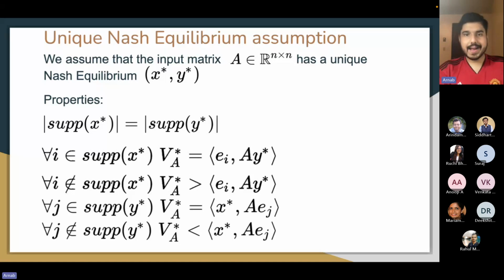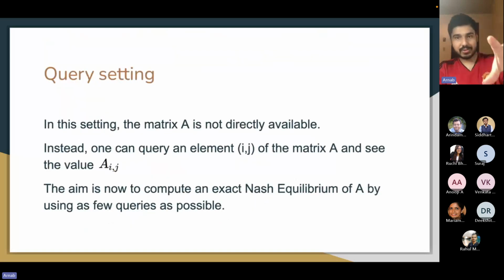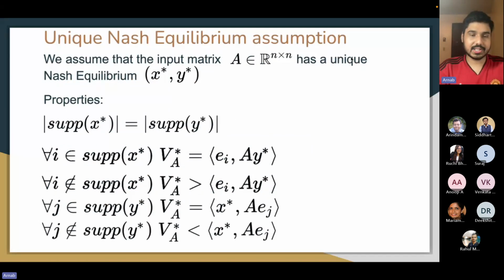One interesting fact about matrices with a unique Nash equilibrium is that if you consider the Lebesgue measure of matrices, then the Lebesgue measure of matrices with non-unique Nash equilibrium is 0. So generally speaking, almost all matrices have a unique Nash equilibrium. So we'll first try to solve this problem for this important case of unique Nash equilibrium.